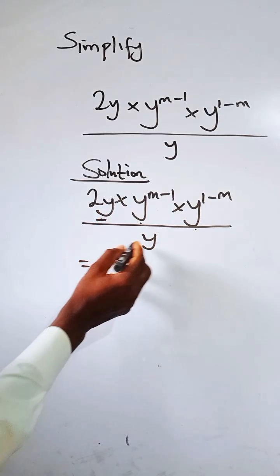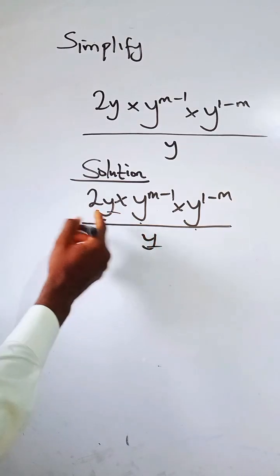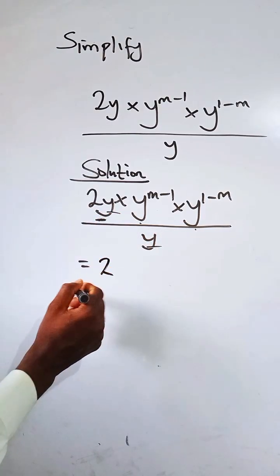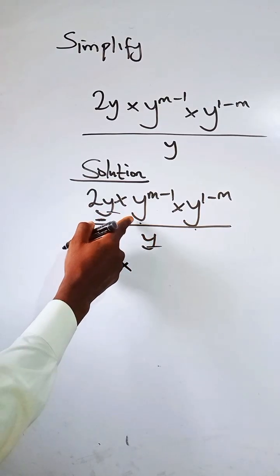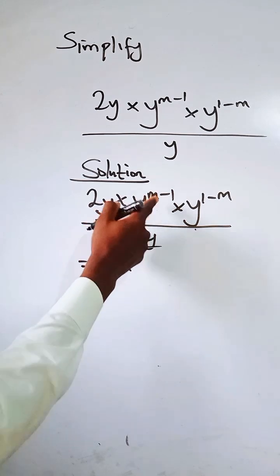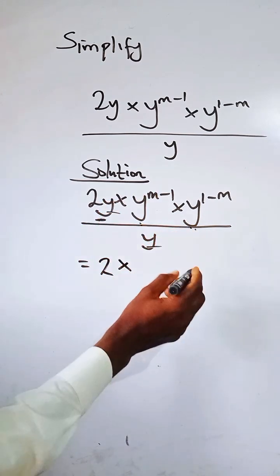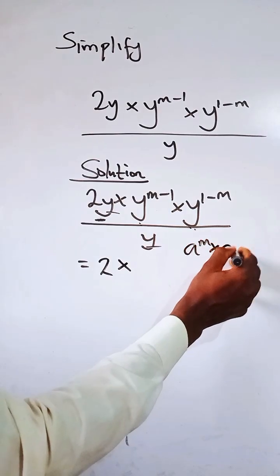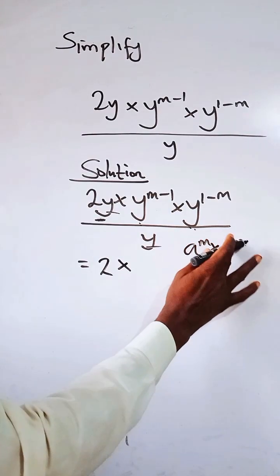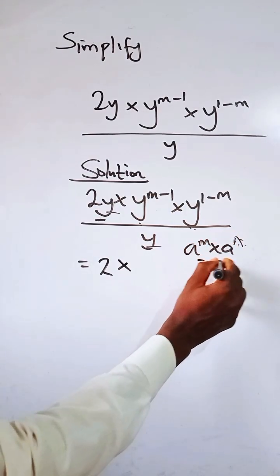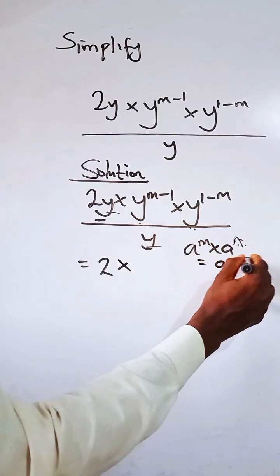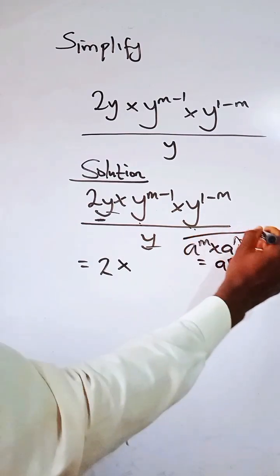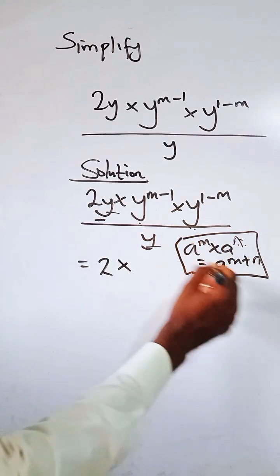When we do that, y is out, so we have just 2 times y raised to the power n minus 1. Since they have the same base, we can apply the law of indices: we pick out the base and add up the powers.